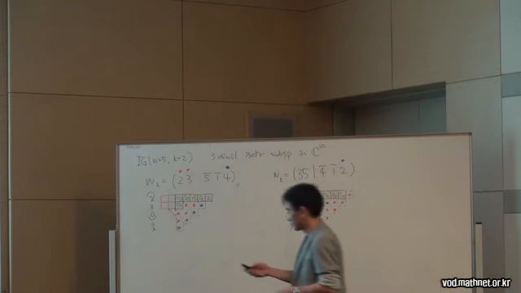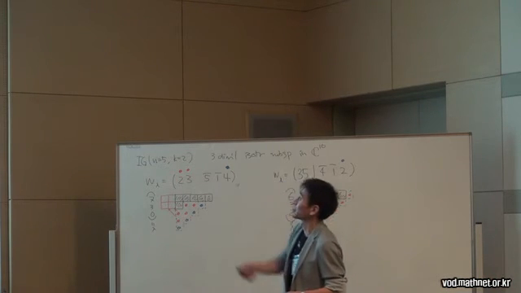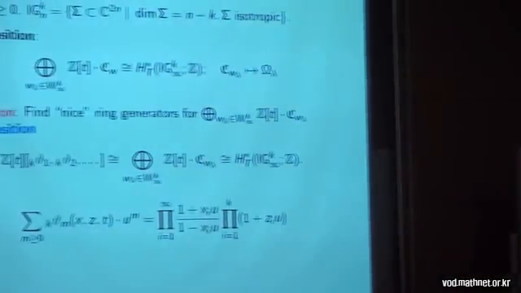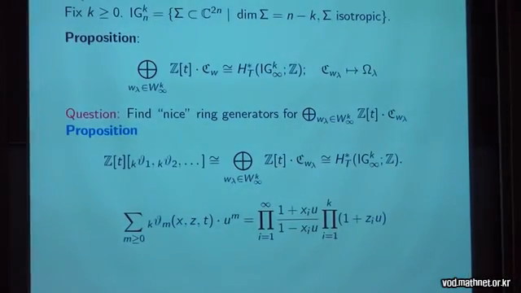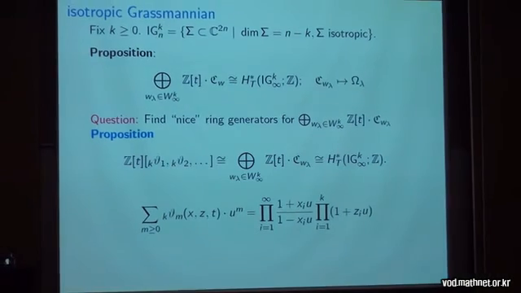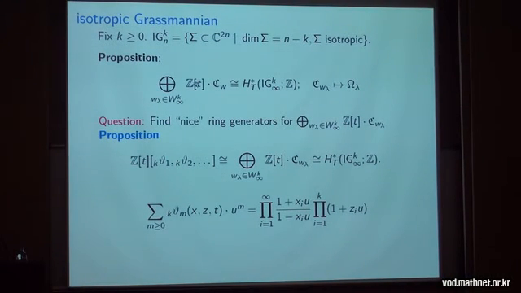Okay, and isotropic Grassmannian now. IG(n-k, n) means it's the (n-k)-dimensional isotropic subspaces in C^n. So from these combinatorial objects, k-strict partitions or k-Grassmannian permutations, they index the Schubert classes of this isotropic Grassmannian.